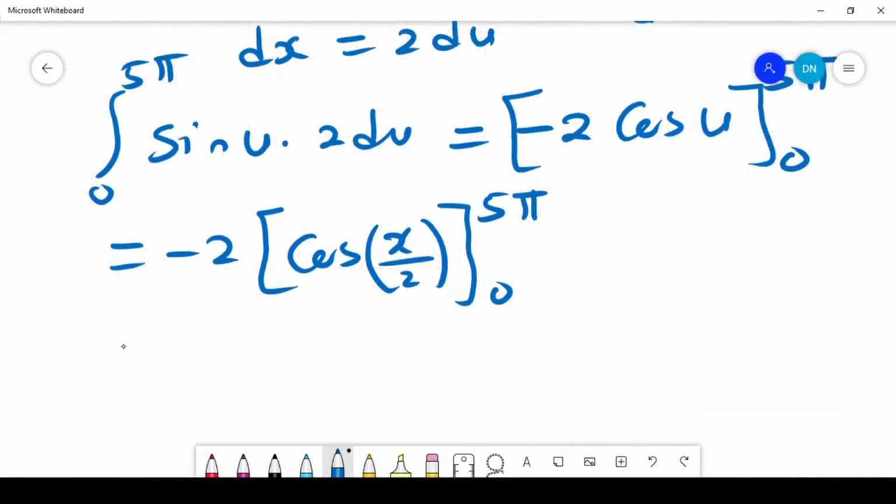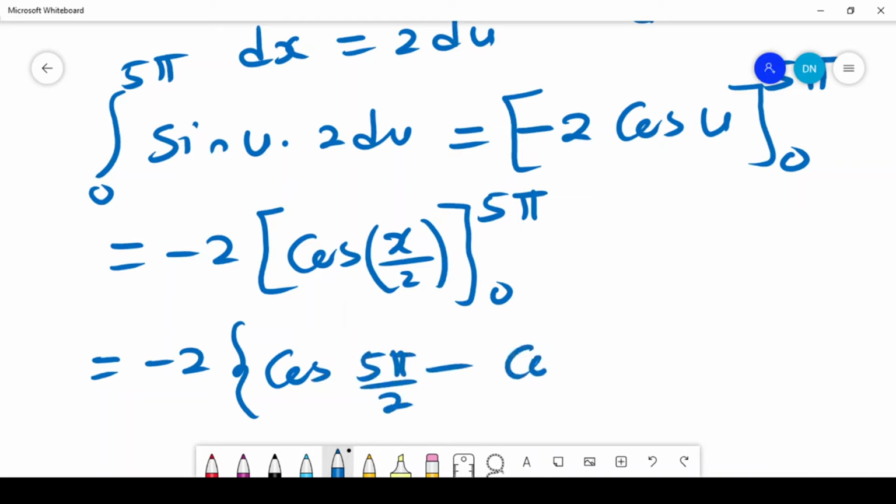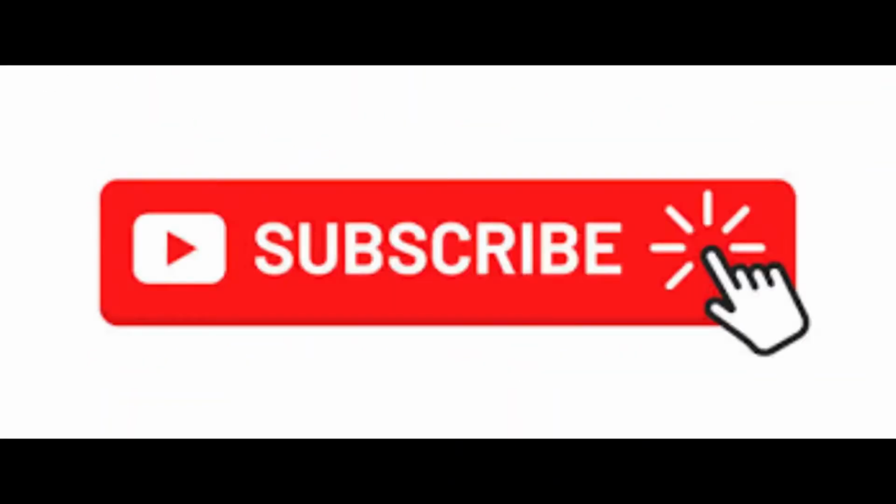And that gives me negative 2 cos of 5 pi over 2 minus cos of 0. And whatever solution you get, I think this will give us 2 as the answer because, yes, I think cos of 5 pi over 2 will be 0 because this is an odd one.